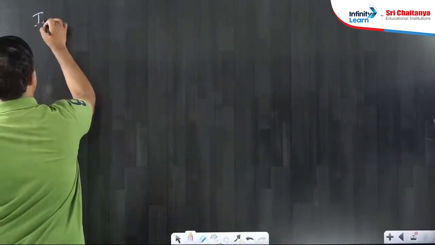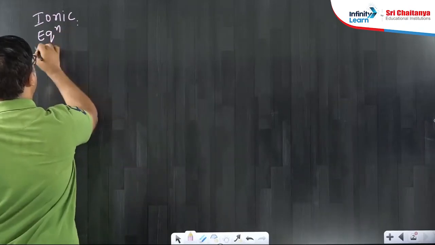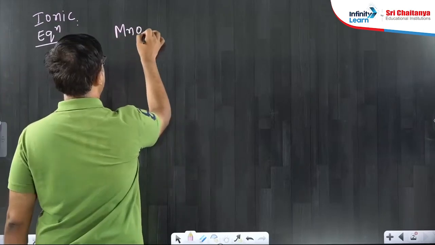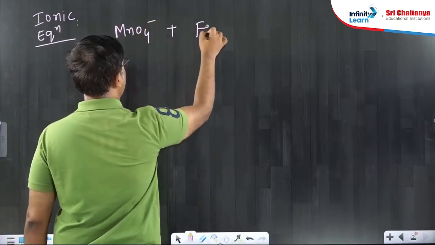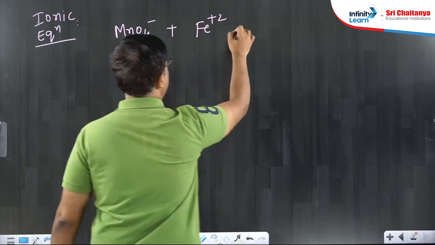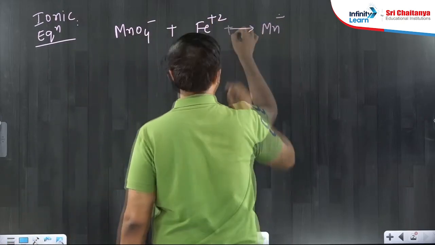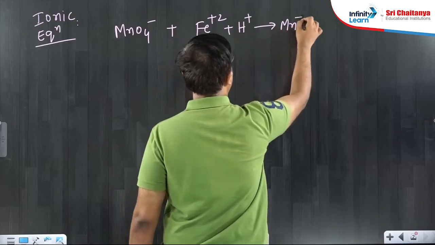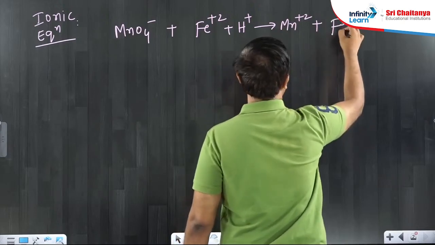Now see, we are discussing how to balance ionic equations. Suppose I have MnO4 minus plus Fe plus 2, plus H plus, gives Mn plus 2 plus Fe plus 3.